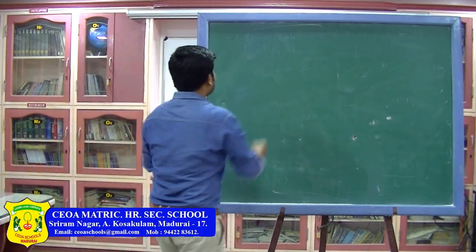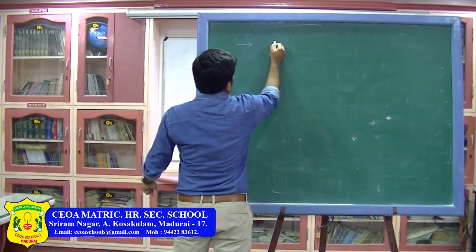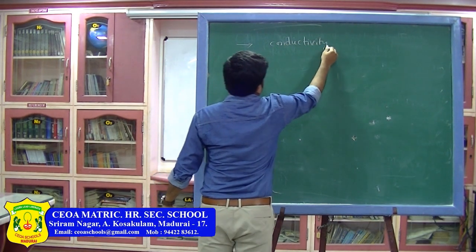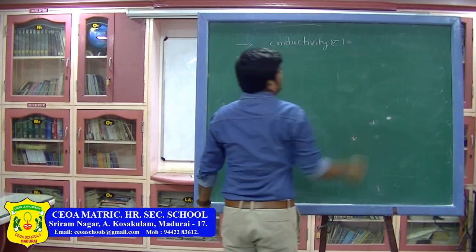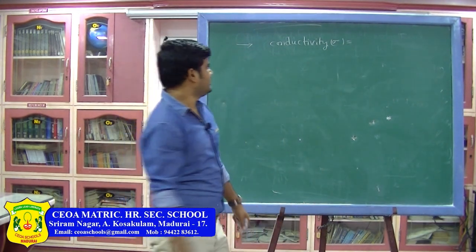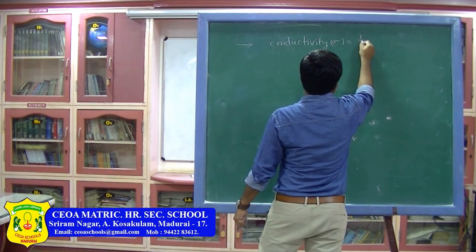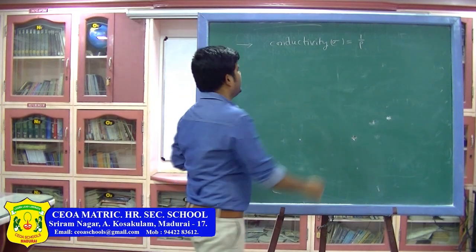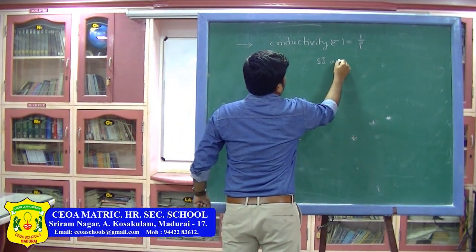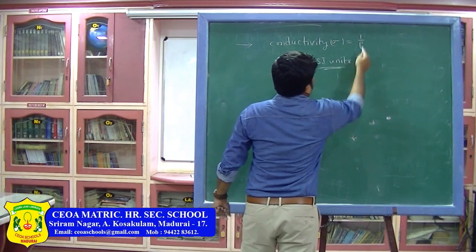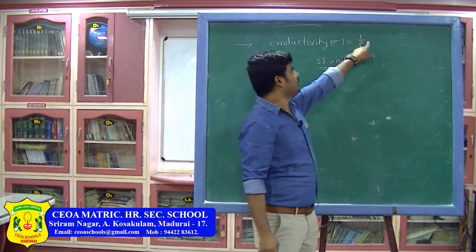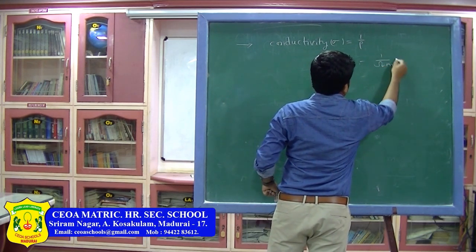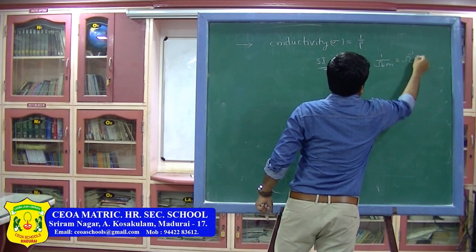The next term, which we are already familiar with, is electrical conductivity sigma. The reciprocal of electrical resistivity is known as electrical conductivity, that is 1 by rho. Its SI unit is the reciprocal of the unit of resistivity, that is 1 divided by ohm meter, which is per ohm per meter.